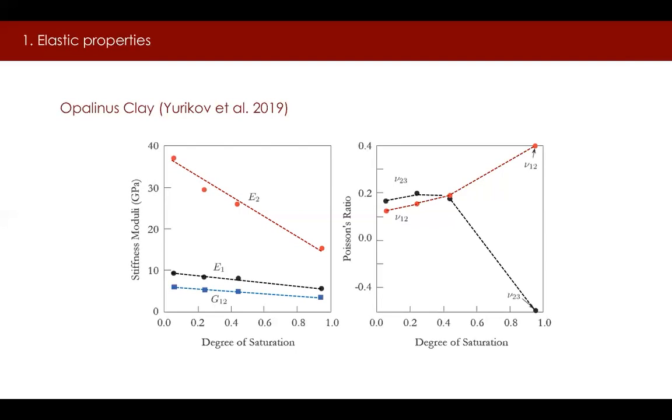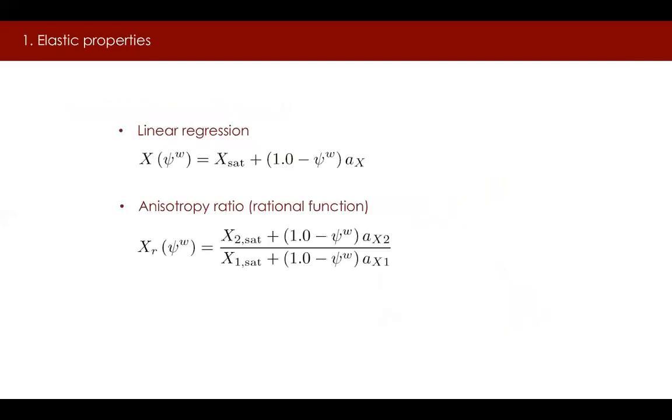Since we are more interested in capturing trends rather than matching the actual variations of the elastic parameters, we also performed linear regressions on the Poisson's ratios and represented their variations with straight lines. In general, straight line variations of an elastic parameter, say x, require two parameters of the straight line.